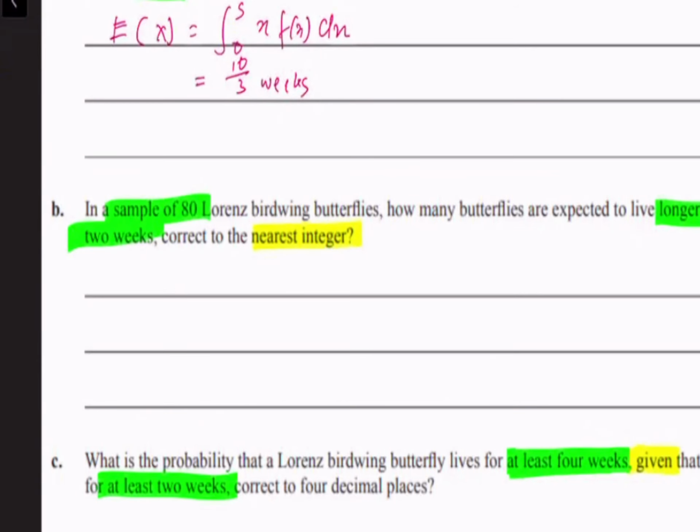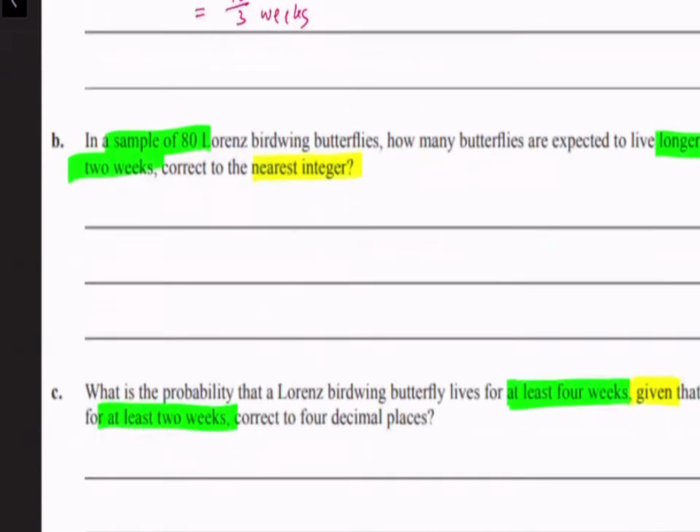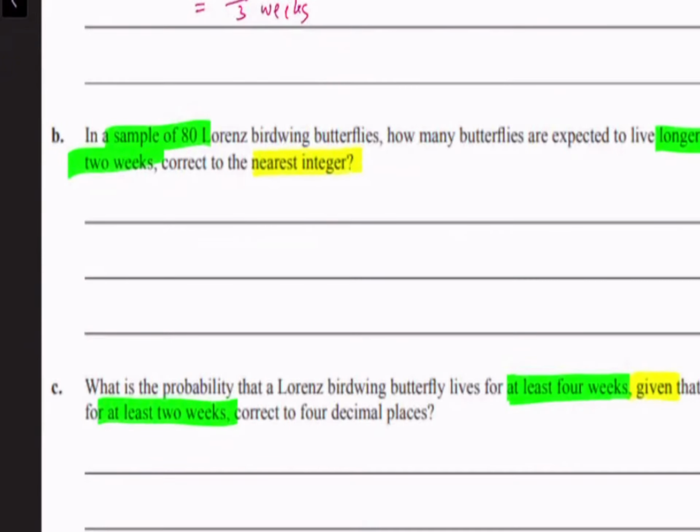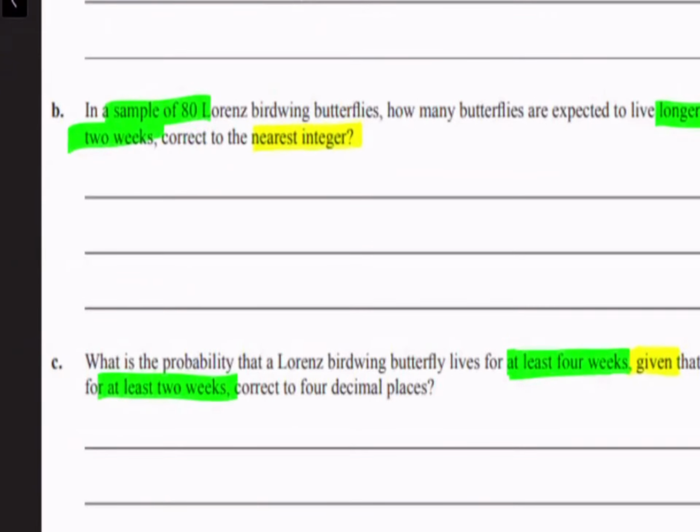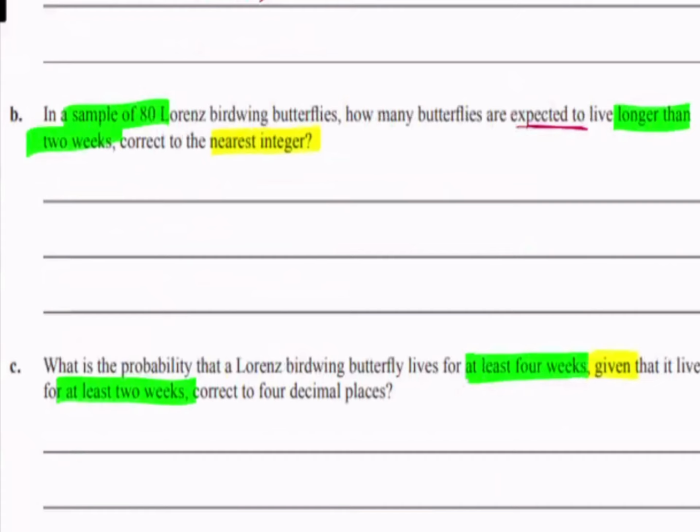Now we have a sample of 80, and how many are expected to live longer than 2 weeks? Expected kind of means expected value, so we're going to use mu is n times p. We're shifting between the probability density function and the binomial distribution right now. But first we have to find the probability that they'll live longer than 2 weeks.